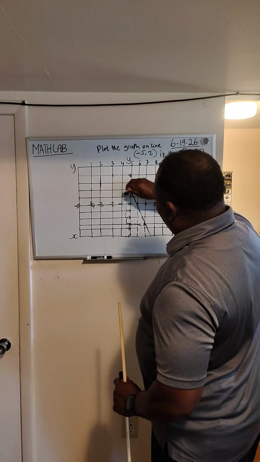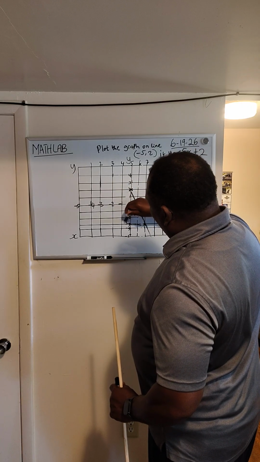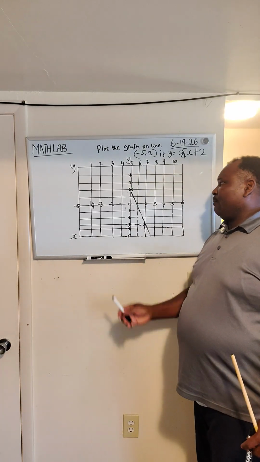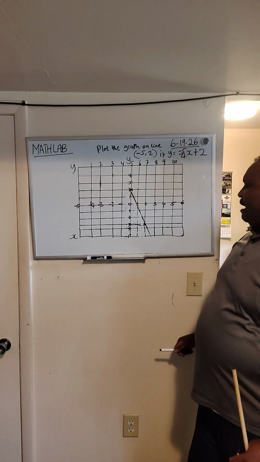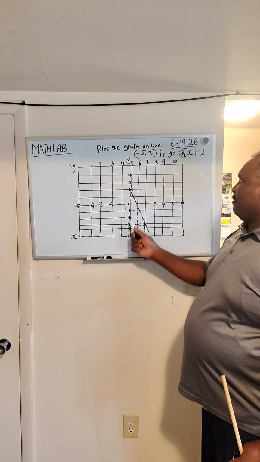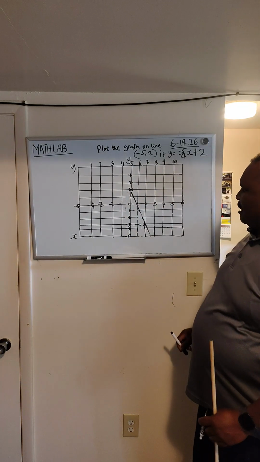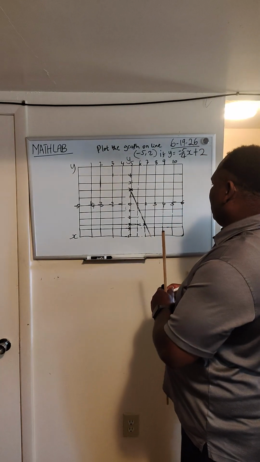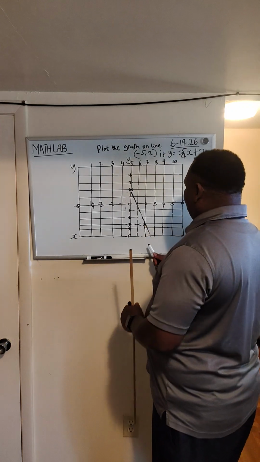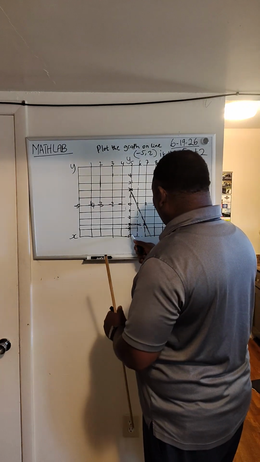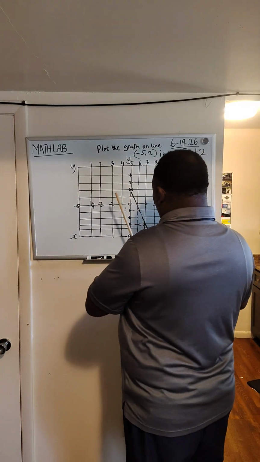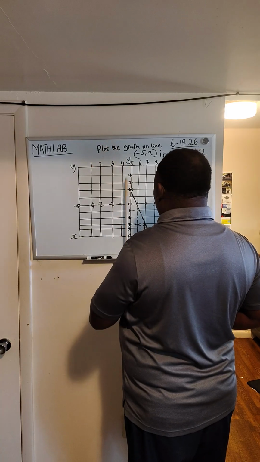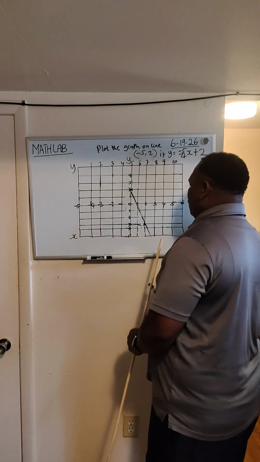All you have to do is identify the point 2 right here, and identify the -5 right there, and then all you have to do is plot it. So when you look at it, this is how it should look. It should look like -5 and 2.